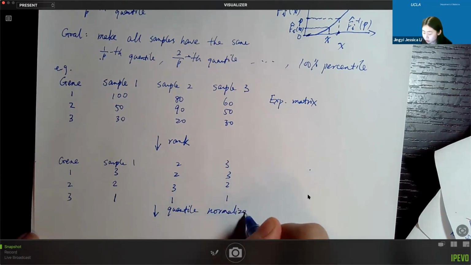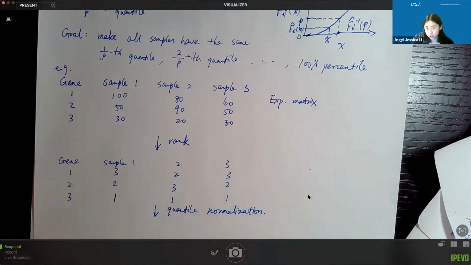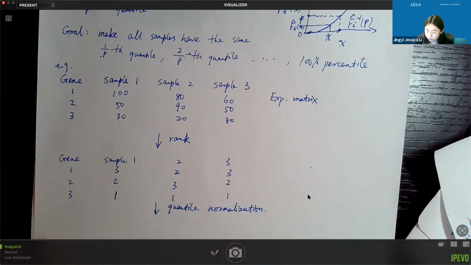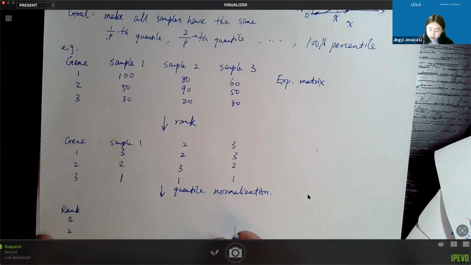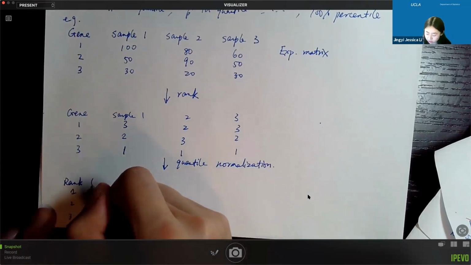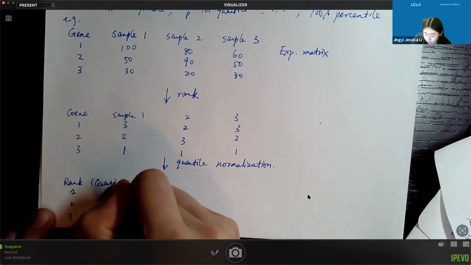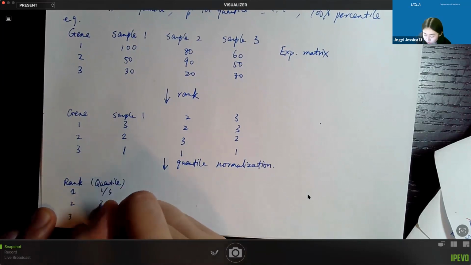I will make the quantiles match with each other for each sample. So let's say that I look at rank 1, 2, and 3. You can think of the rank as equivalent to quantile. So this will be 1/3, 2/3.